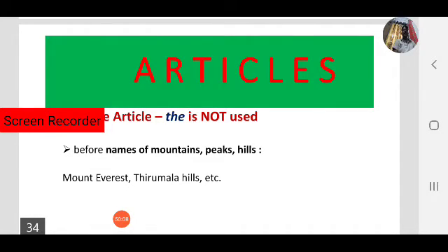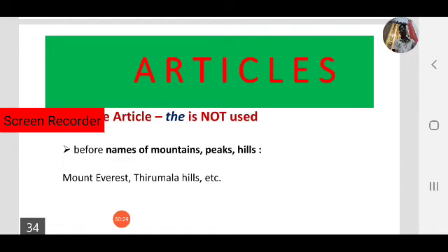Okay, next another case, names of mountains, peaks, hills. In that case we need not use the. Mount Everest, not the Mount Everest, always use Mount Everest, but we can use the Himalayas. The Himalayas, that is a chain of mountains, a chain of hills. In that case, the Himalayas.